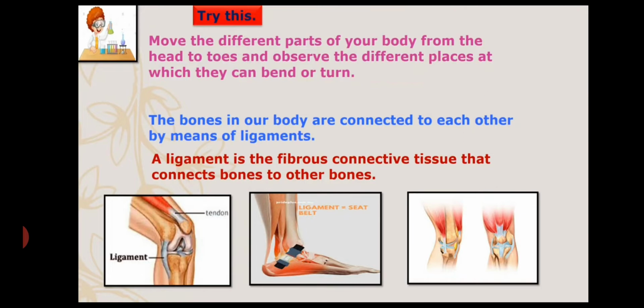The cage-like structure in the chest is called the rib cage. In the chest there is one vertical flat bone called sternum. 12 pairs of flat bones called ribs are joined to it sideways. These 25 bones form the rib cage.